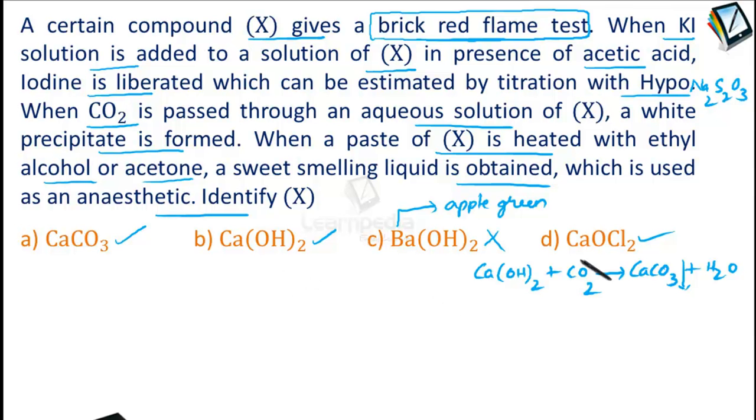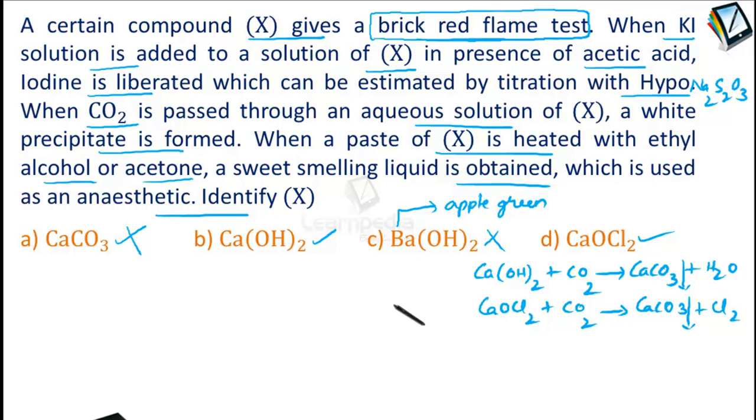And another alternative, even bleaching powder, whenever it is made to react with carbon dioxide, results in the formation of calcium carbonate with the release of chlorine. But this calcium carbonate itself is a white precipitate, and by no chance can this become our compound X. So now option A is eliminated. Now the answer is in between option B and option D.